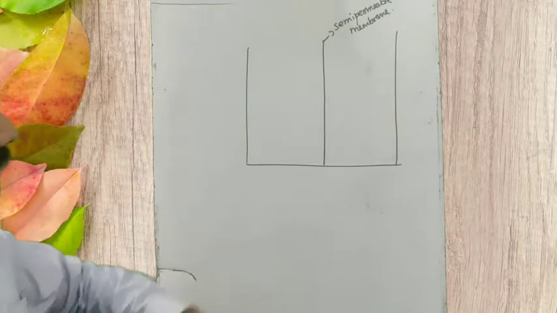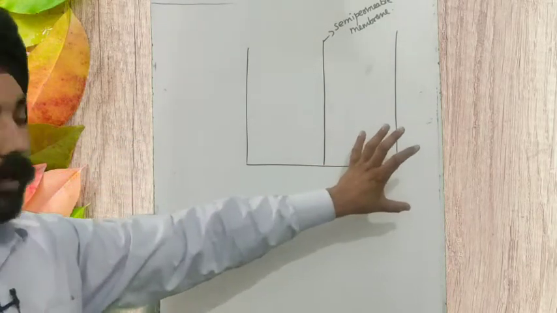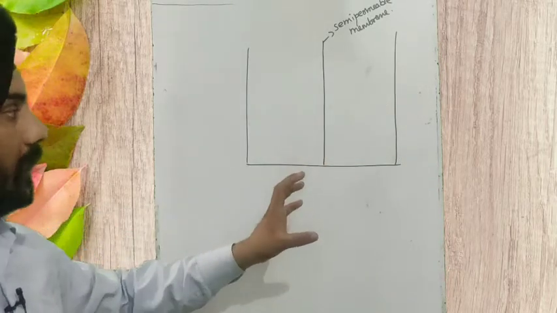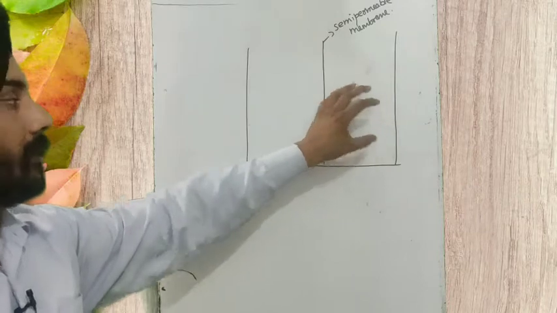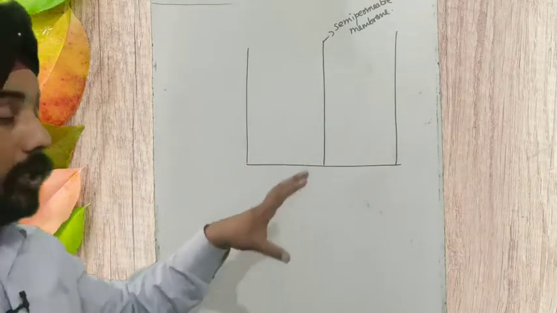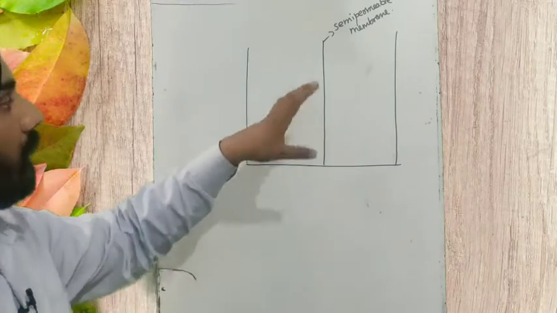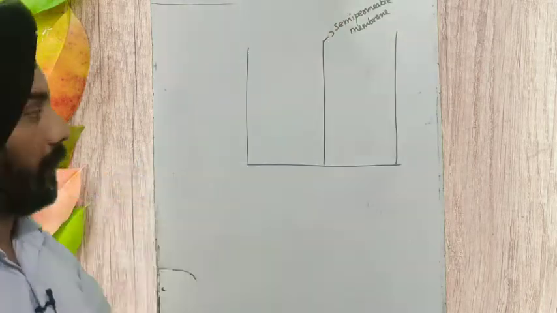It is a kind of filter which can allow the solvent molecules to pass through it. Only solvent molecules can pass from one place to another. Solute molecules cannot pass through it. So this is a semi-permeable membrane.